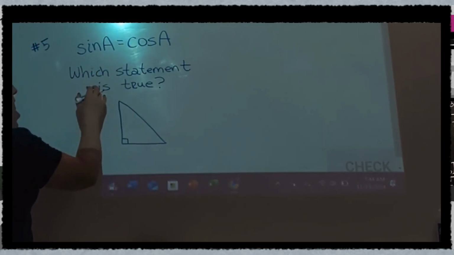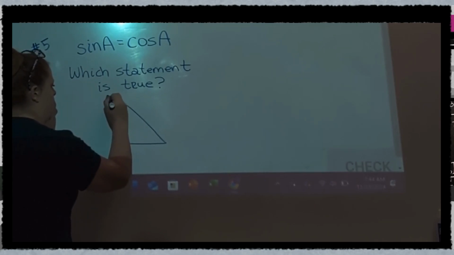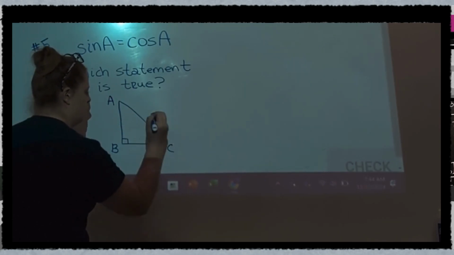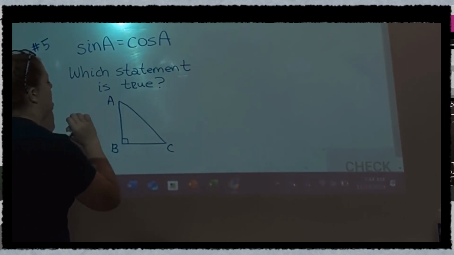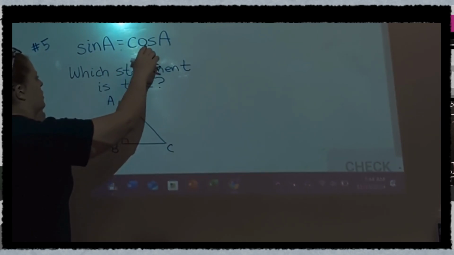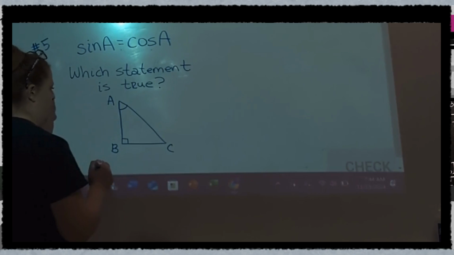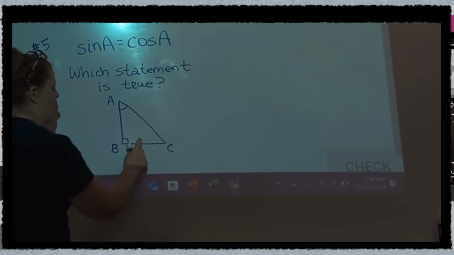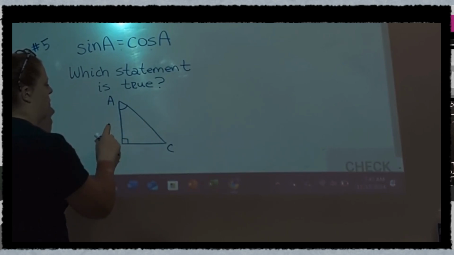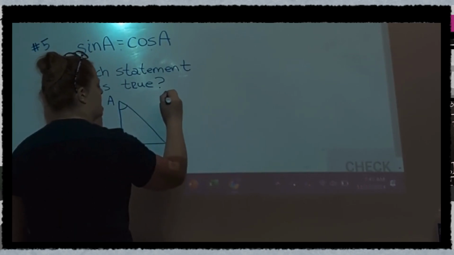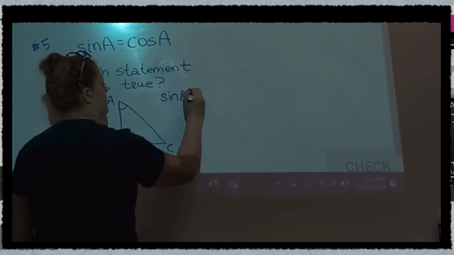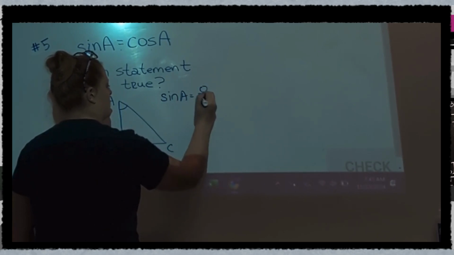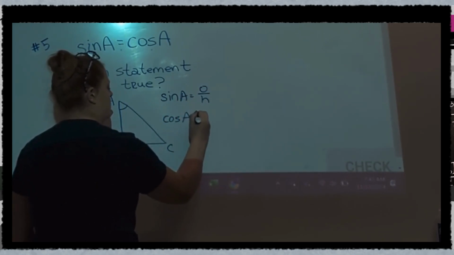Sine of A, well, let's see here. Let's just say ABC like we've been doing. We'll call this A. The sine of A is equal to the cosine of A. So our opposite over hypotenuse is equal to our adjacent over hypotenuse. Remember, sine, cosine.